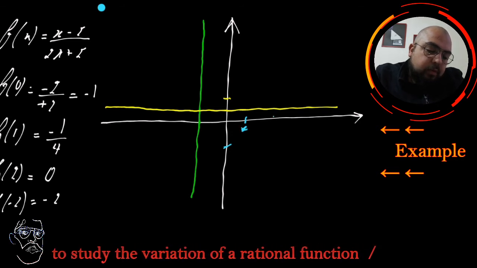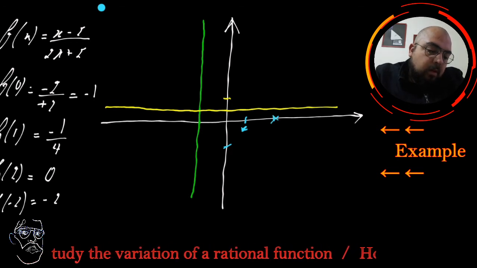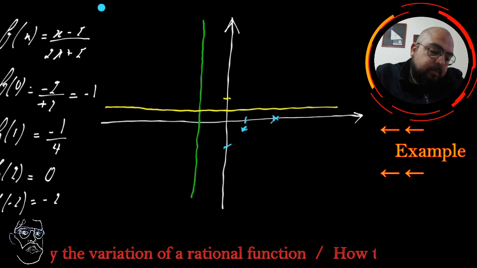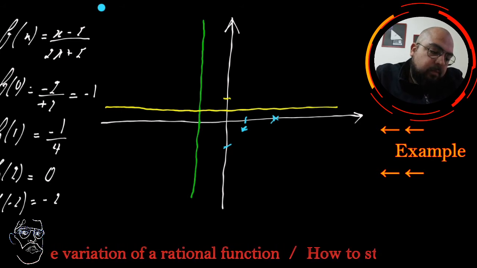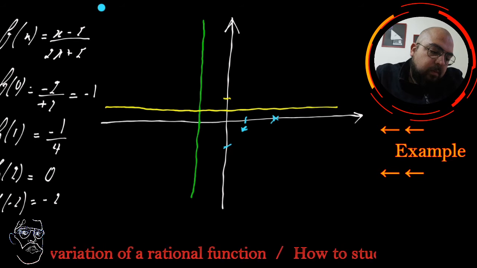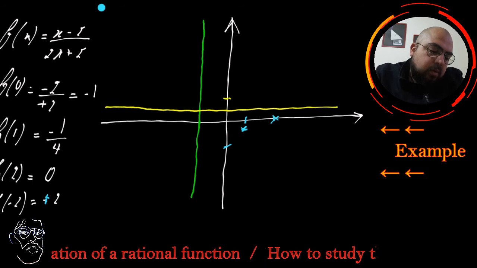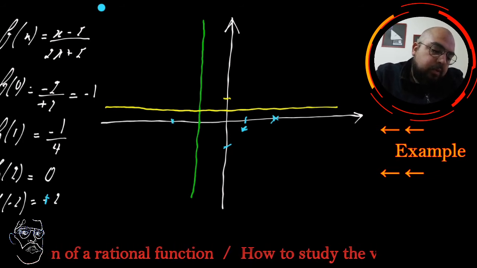F of 2, it's 0. F of minus 2, in this case it will be plus 2.